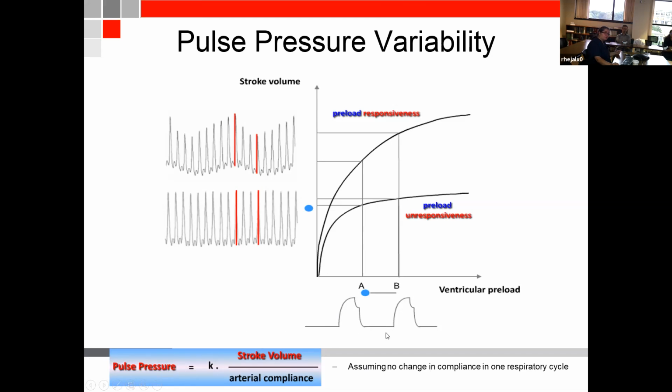So if you're measuring each one of them, and you have somebody on a ventilator at 8 cc's per kilo, and every single beat is the same, then you can say that this patient is on this part of the curve. When it is like this, hopping up and down, you know that they are on this part of the curve. And to go from point A to point B, you simply give fluid.